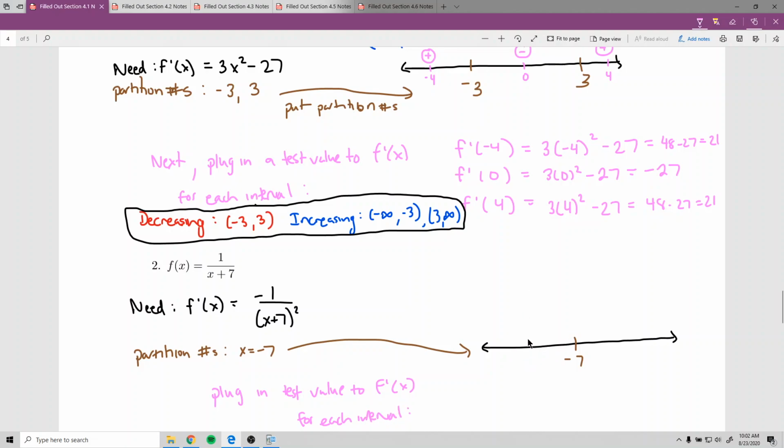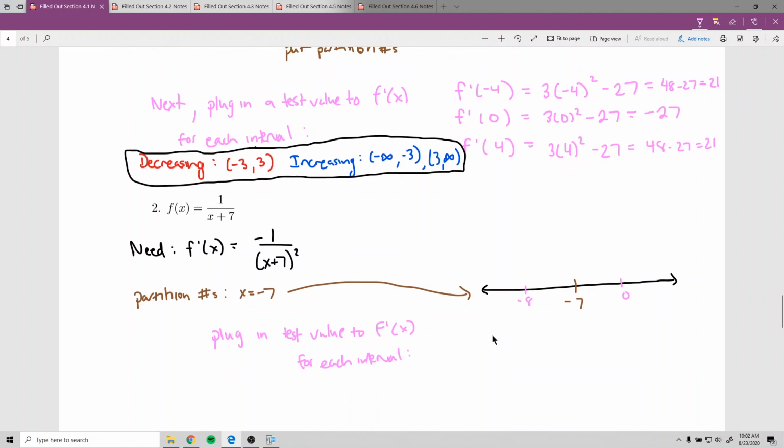Right, so just pick two numbers, one to the left of -7, -8, and one to the right of -7, which, like I always say, if you can plug in 0, it's the best thing to do. And we want to plug them into our derivative. All right, our derivative formula is right here.